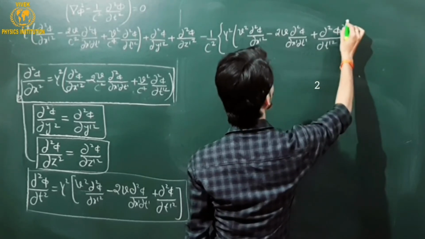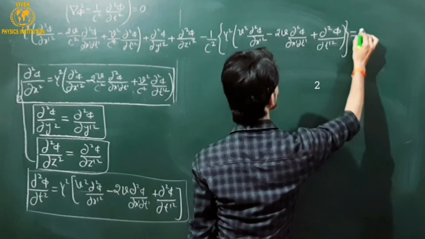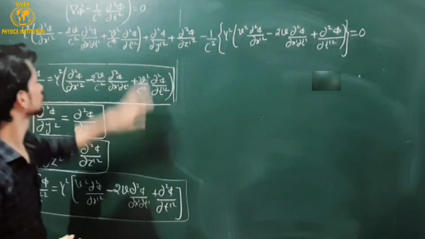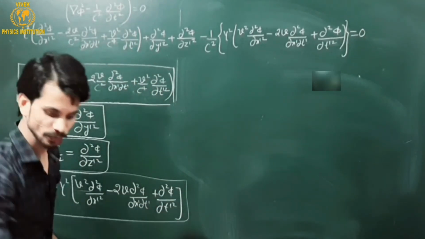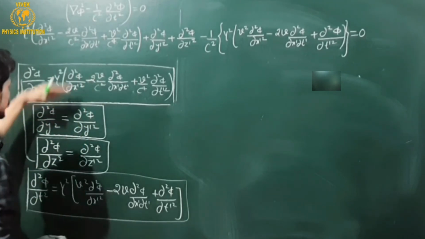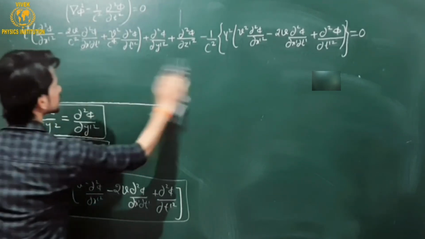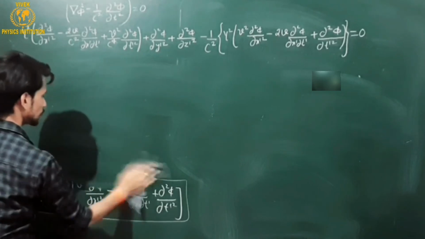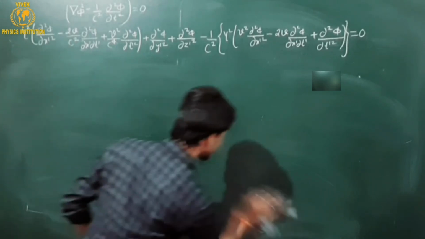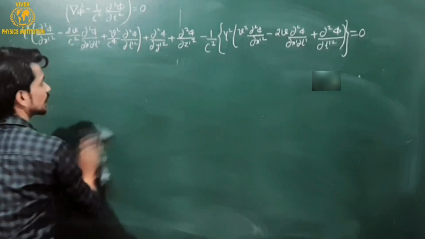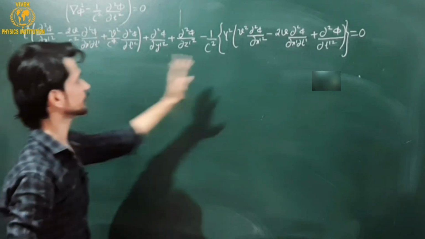This is the value for del square phi over del t square. Now I can remove all this equation. Now let us solve this complete factor.